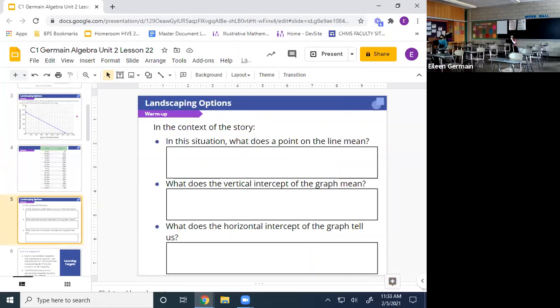So let's go back to this situation where we were talking about this woman who had some money, $3,000, to redo her yard, right? She's going to put some grass down, some sod down, or some flower beds. Each one of those has a price per square foot.